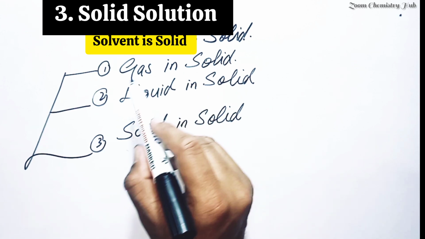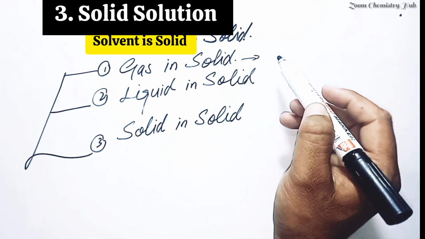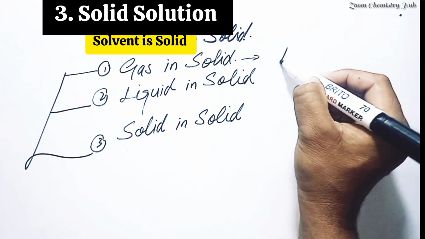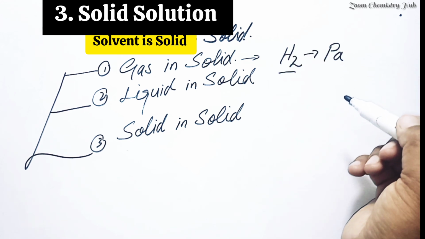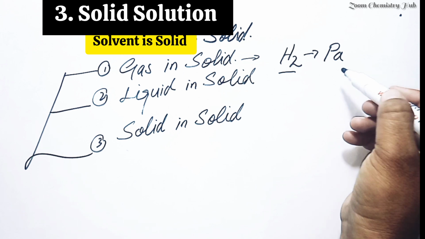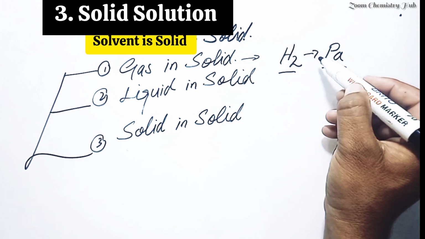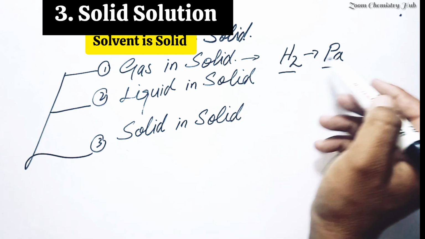Now we will take the example of gas in solid. It is the example of hydrogen gas. When the hydrogen gas is absorbed at the surface of palladium metal, this is the example of gas in solid.